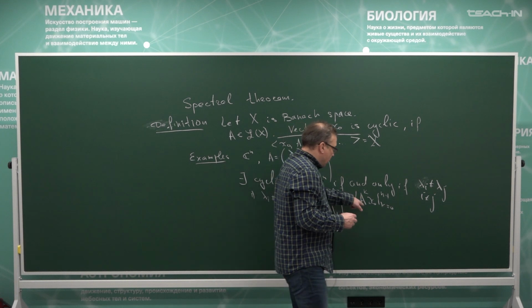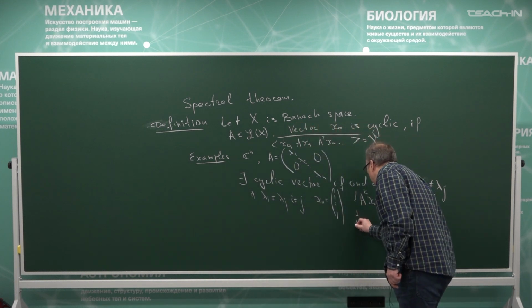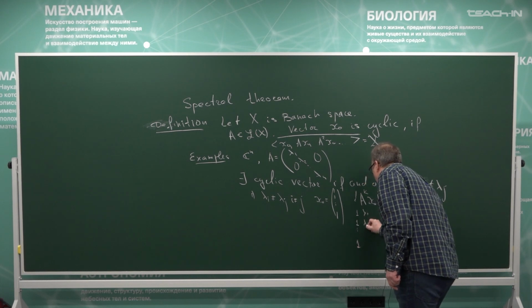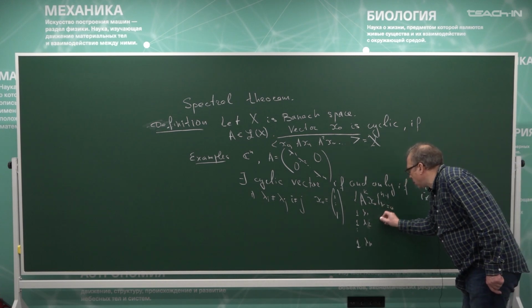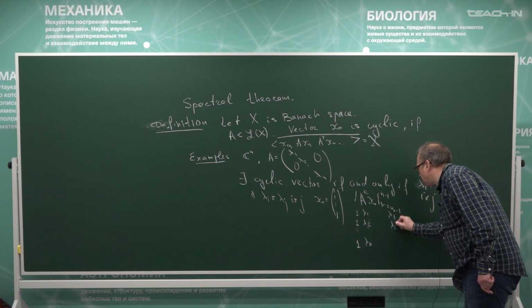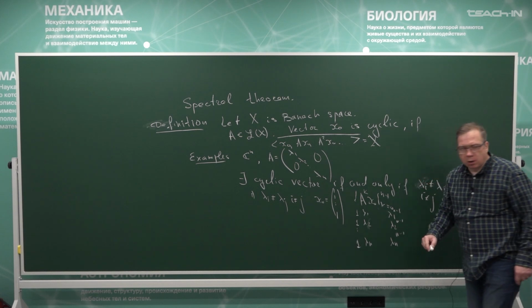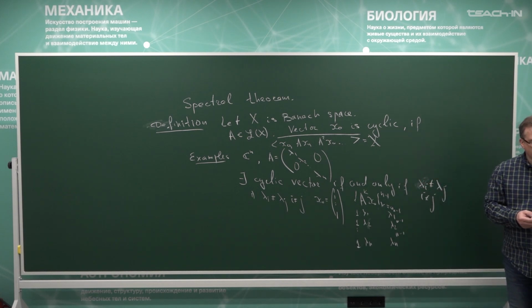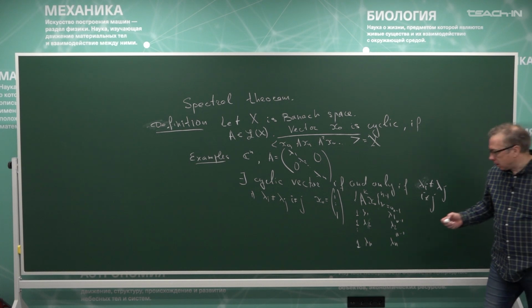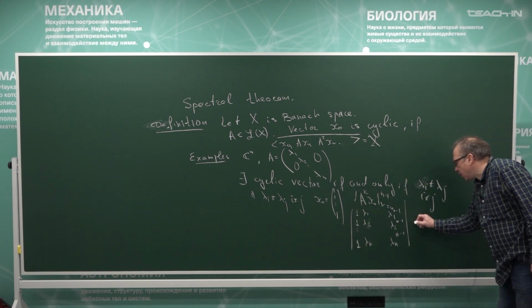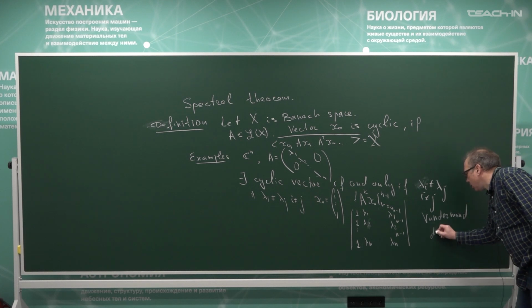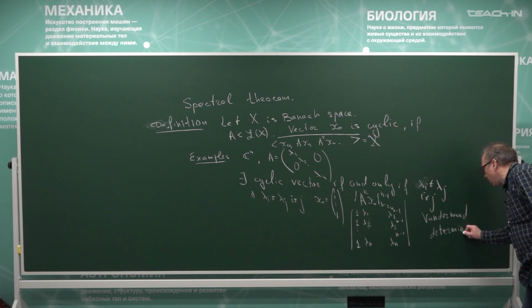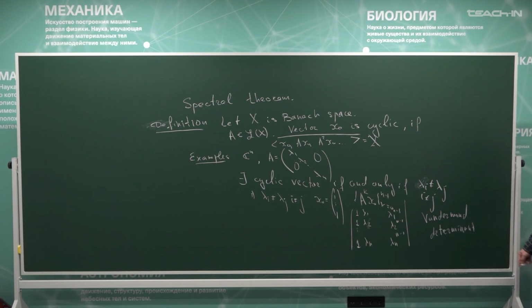If you consider these vectors, it is easy to see that their determinant is the so-called Vandermonde determinant.